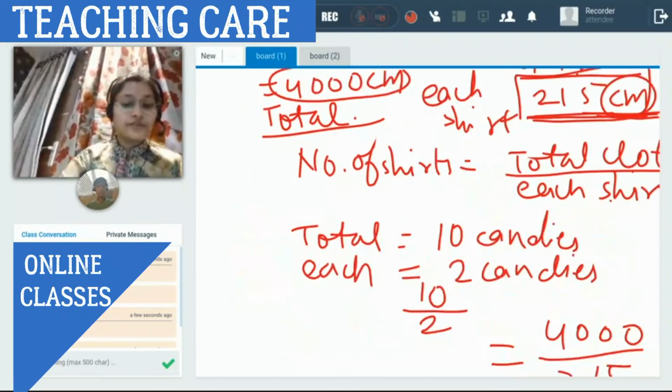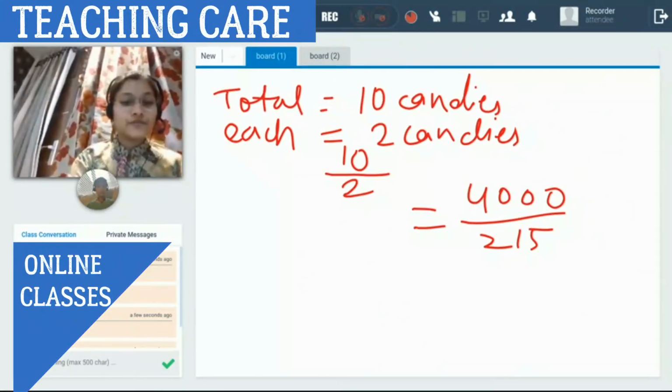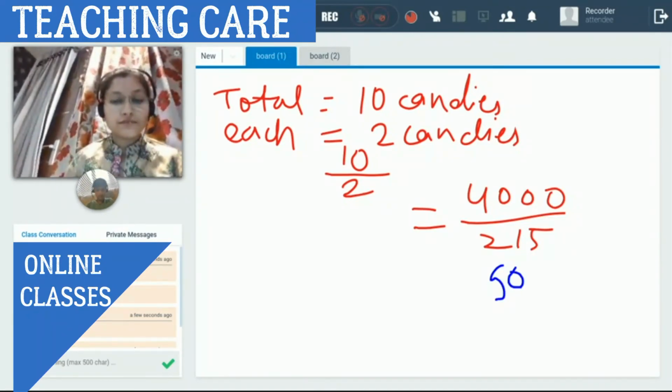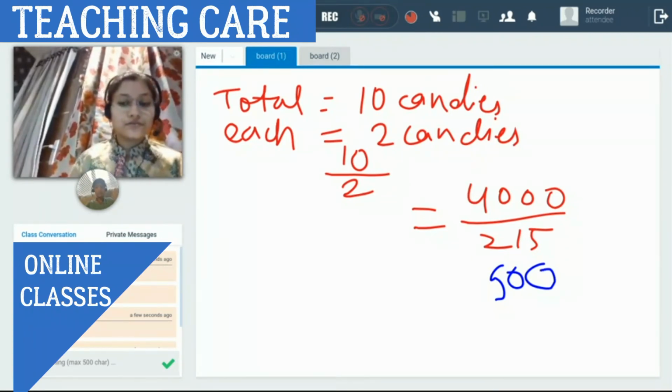Now I will divide these two. 4000 divided by 125, how much? 500. How 500? No, not the total.